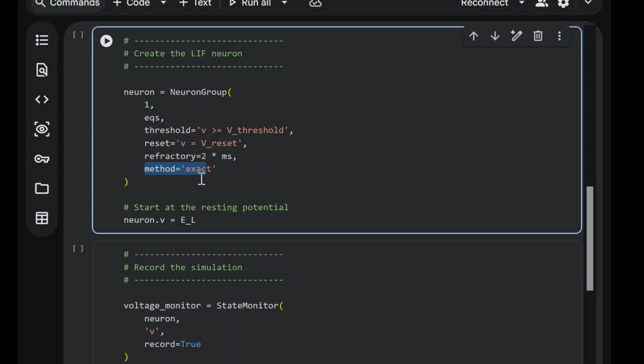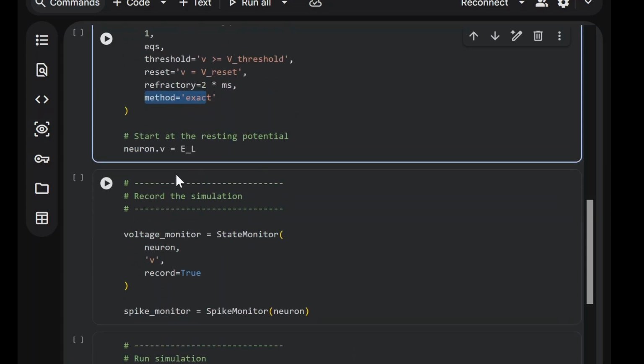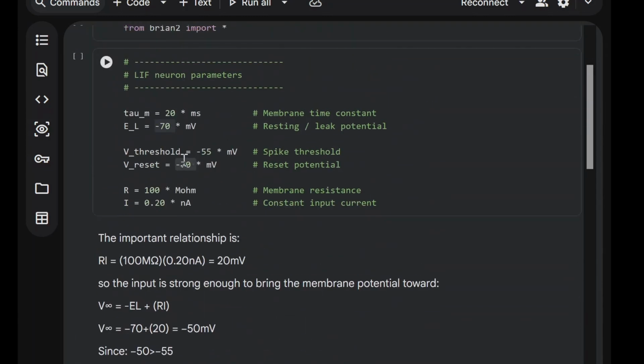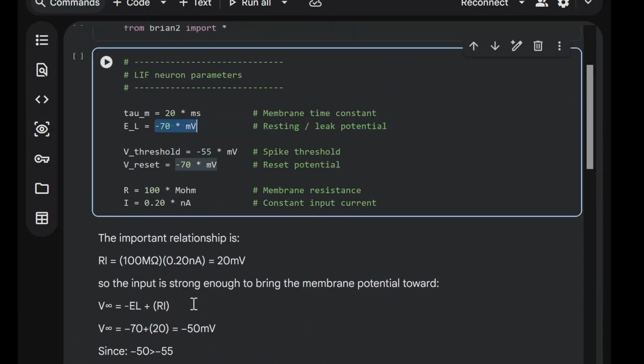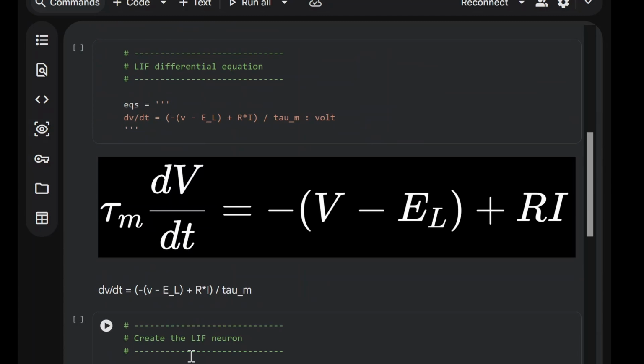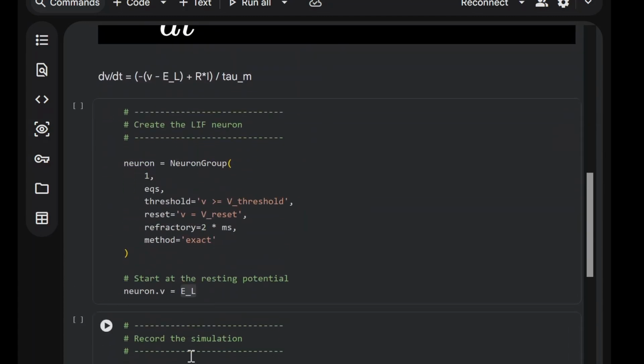It's an approximation method, I believe. We'll talk about this in the Brian2 video. This is our initial state, how we're going to start the simulation. So our membrane potential will be at resting potential. I believe that's minus 70. Yes, that's minus 70 millivolts. So membrane potential starts at minus 70 millivolts.